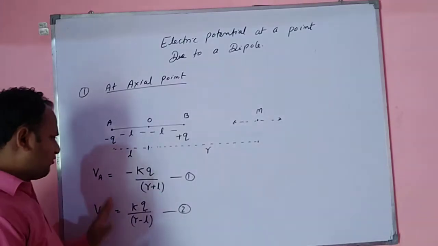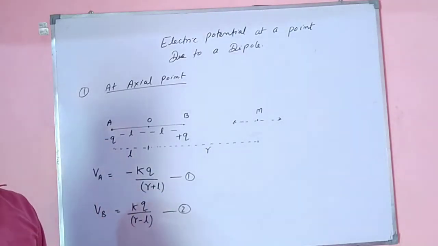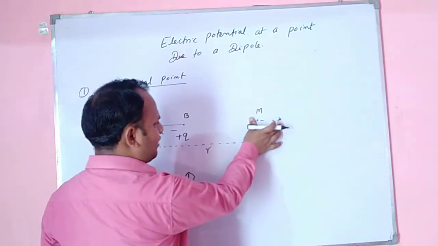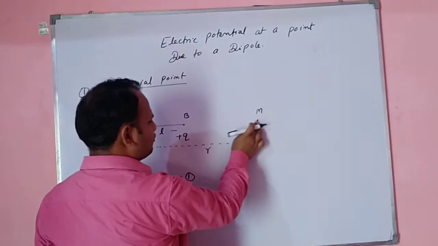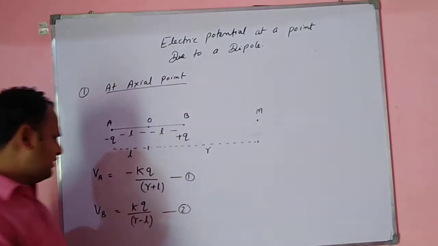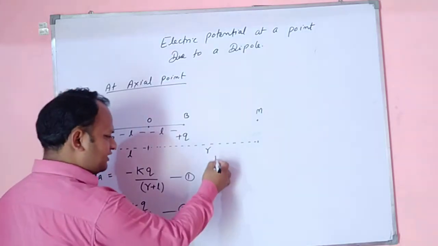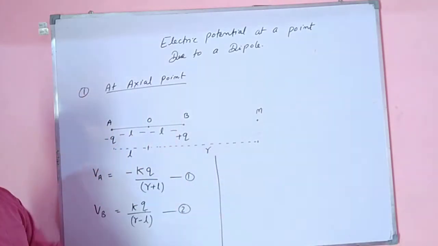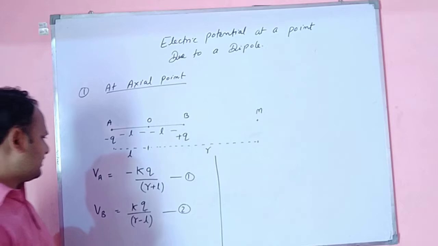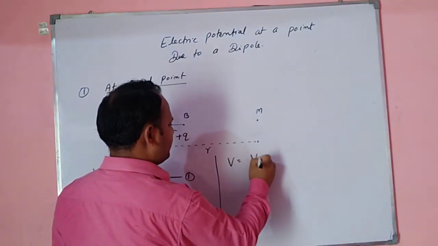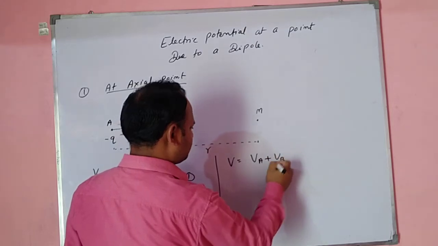Now, potential is a scalar quantity, so we will not use these directional arrows, and we will simply use positive for the positive charge and negative for the negative charge. So the net potential at point M as a scalar quantity, we simply have to add them. So net V is VA plus VB.